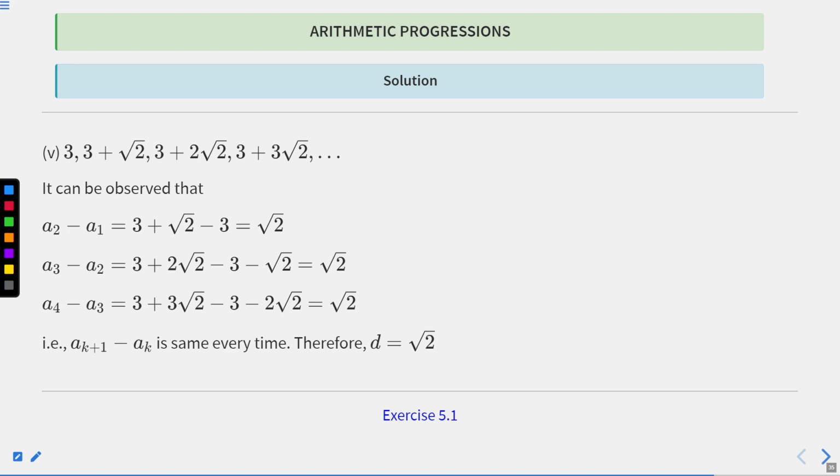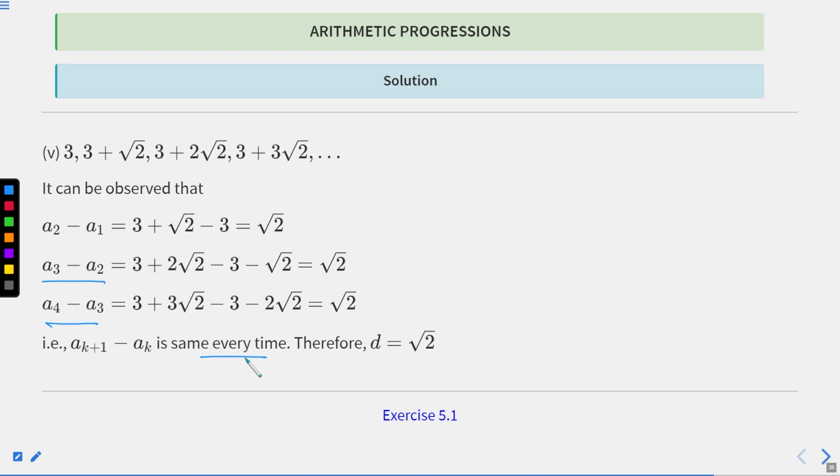A3 minus A2 is equal to 3 plus 2 root 2 minus 3 minus root 2, that is equal to root 2. And A4 minus A3 is equal to 3 plus 3 root 2 minus 3 minus 2 root 2, that is also root 2. That is, A(k+1) minus A(k) is the same every time. Therefore, the common difference d is equal to root 2.